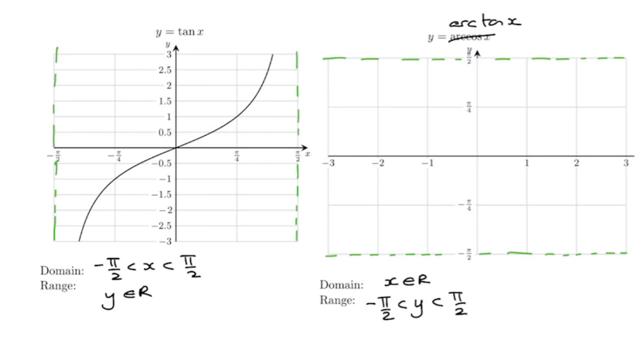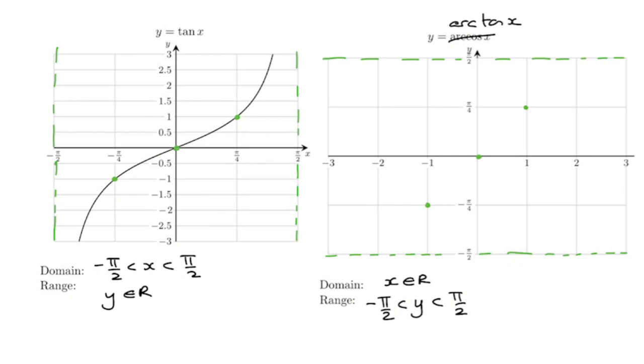Now to help me draw it, I can pick 3 coordinates. We've got the origin, we've got the coordinate pi over 4, 1, and the coordinate negative pi over 4, negative 1. I'm going to swap those over, so I get the coordinate 1, pi over 4, the origin, and negative 1, negative pi over 4.